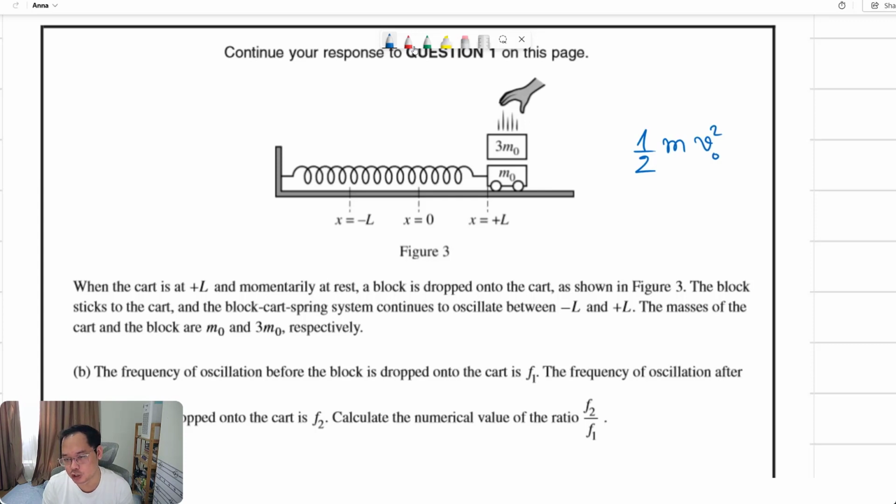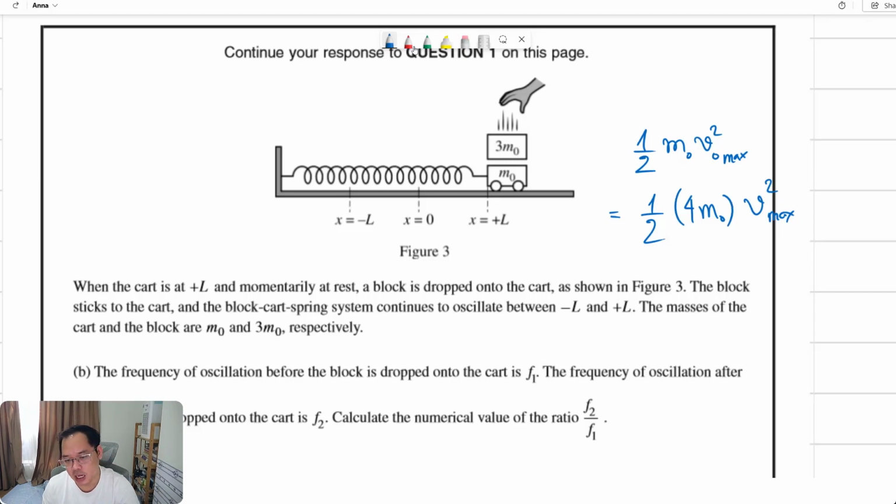This is the initial kinetic energy, and then when changing the mass to 4m0, the velocity must be a new value v, not v0 anymore, so that the maximum kinetic energy is the same. This v0 is the maximum speed. So the new maximum speed of the system must be lower than the initial velocity. It will be half of the initial velocity, so that when you square it, you have the same kinetic energy.